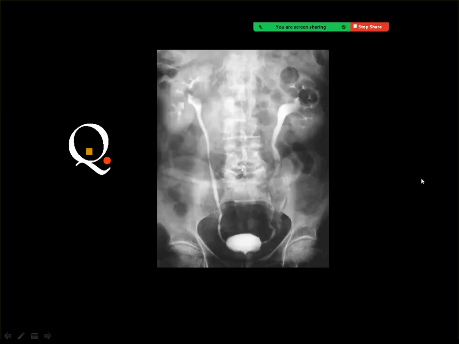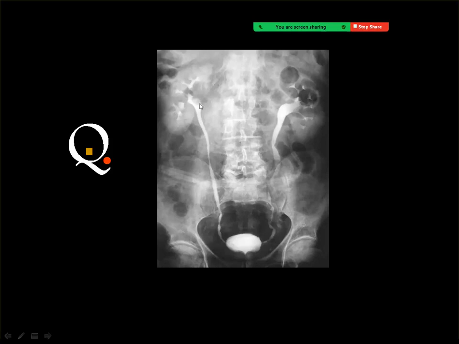And he said that there is some stasis in the ureters, and I am not sure if intravenous urography studies are seen frequently in the exams or not, but this examination is considered one of the basics of urinary tract imaging.